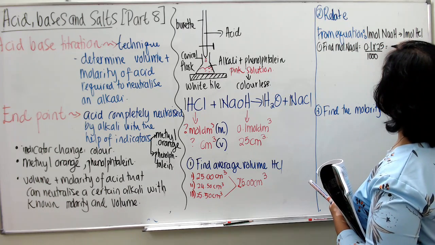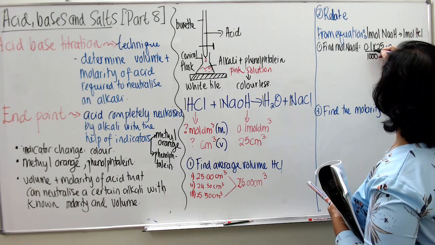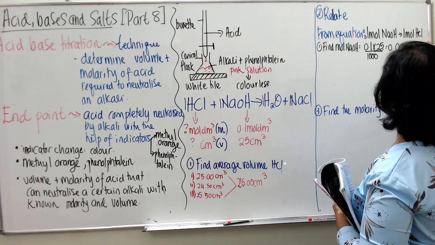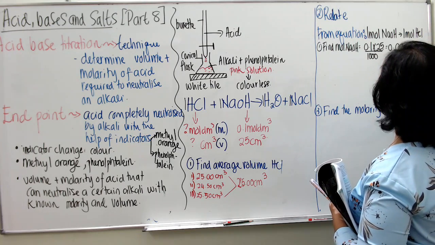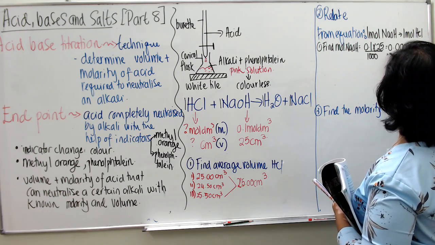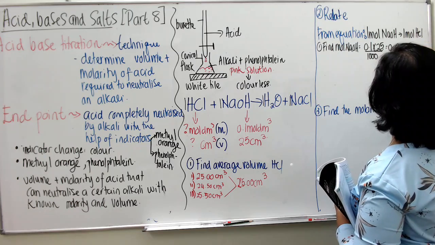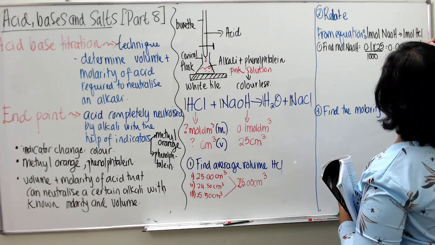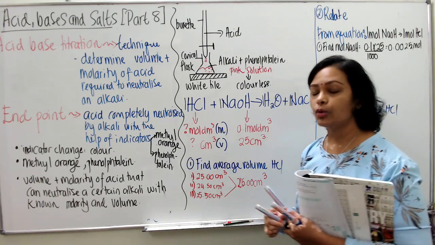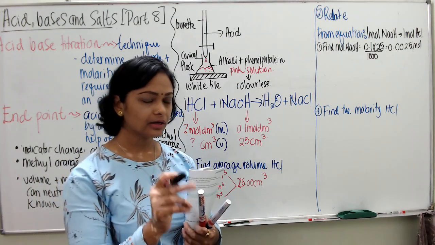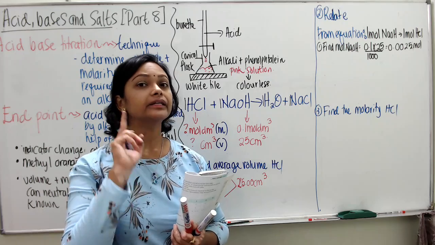So you will get 0.0025 mole. From the equation, you find that the mole of hydrochloric acid needed is 1 and sodium hydroxide needed is 1.